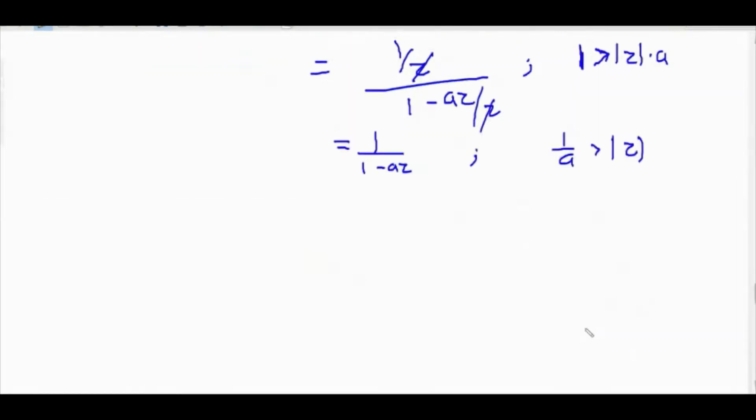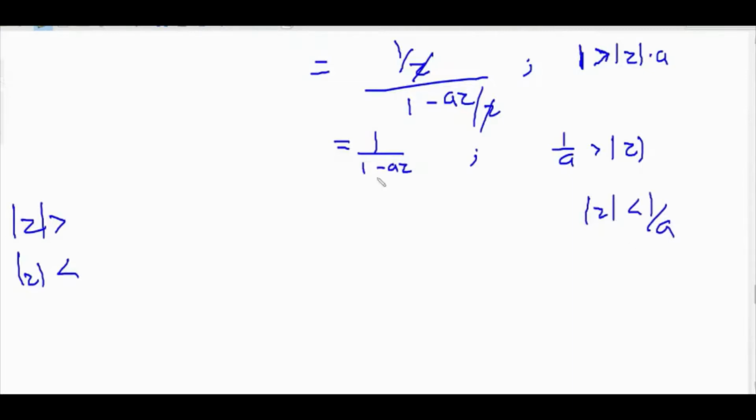I will bring this a to this side, because ROC we express like magnitude z greater or magnitude z less than some constant. On this side we should have mod z. This is how we represent the ROC. So this can be written as 1 by a greater than magnitude z, that means magnitude z less than 1 by a.